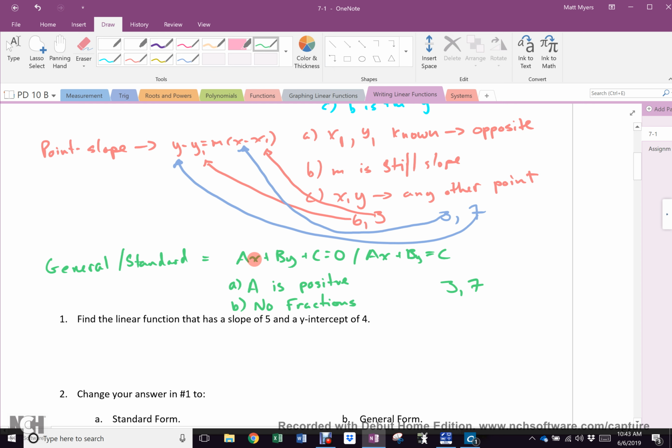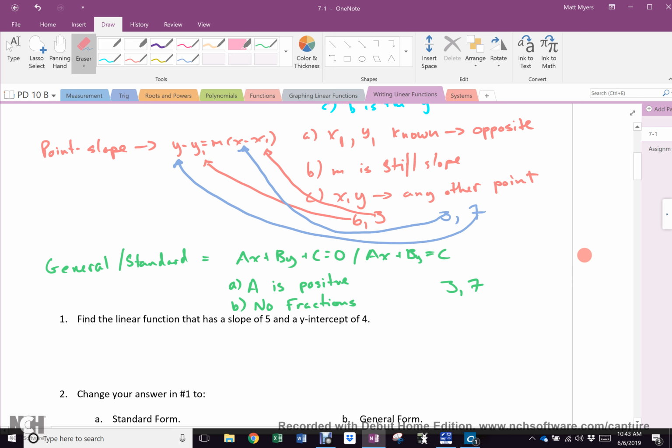X and Y, so they go for X and Y. Now, the reason I did this was because if I wrote you this, 3A plus 7B plus C equals 0, could you graph that? No, because these are the X and Y, right?